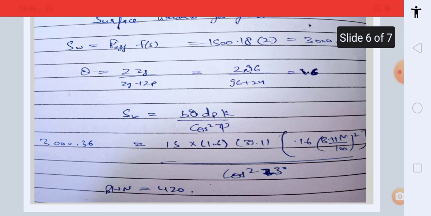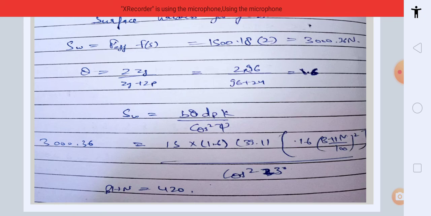We know that wear strength is equal to b Q dp K upon cos psi. So that is 15 into 1.6 into 39.11 into 6.16 (Bhn upon 100) whole square upon cos psi. Here Bhn is the hardness of the material, and psi is the helix angle, which is 23 degree. After calculating, we will get Bhn hardness as 420.